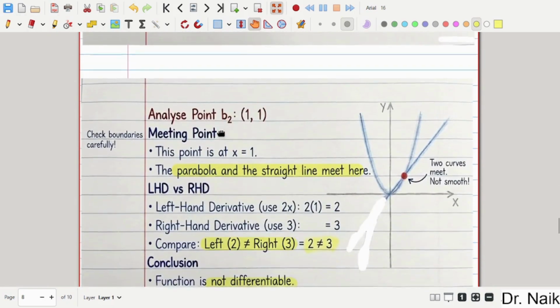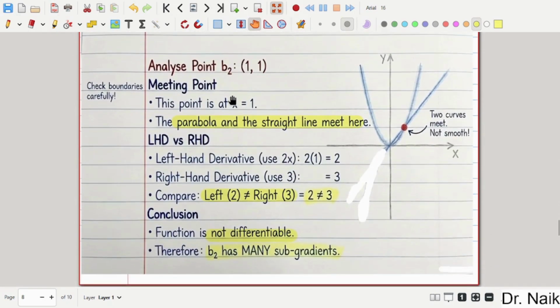Now let's analyze the point B2, which is 1 comma 1. At x equal to 1, the parabola and the straight line meet.